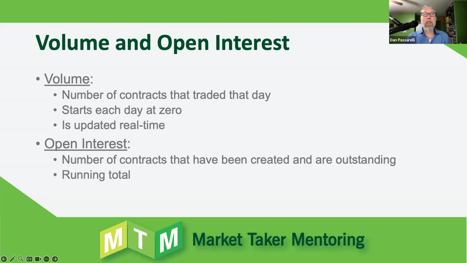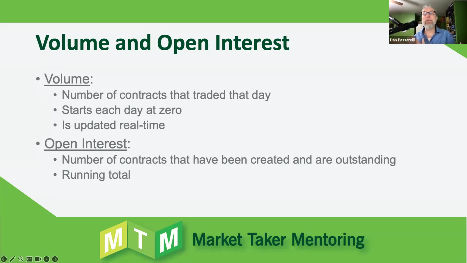And so if today I buy 5 of those Apple March 6th 270 calls, and there were no contracts open, maybe it's the first day that those are trading, I buy them probably from a market maker who sells them to me and gets short them. I own 5. They're short 5. Now those 5 exist.